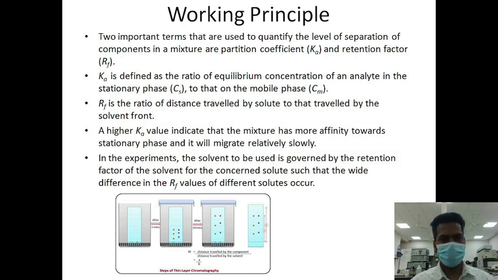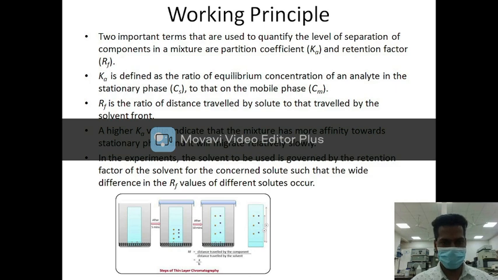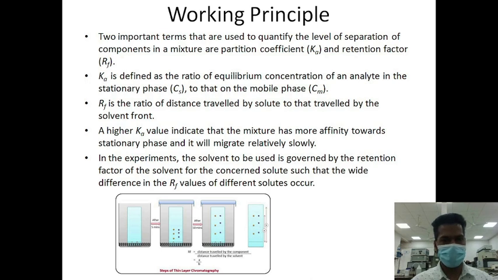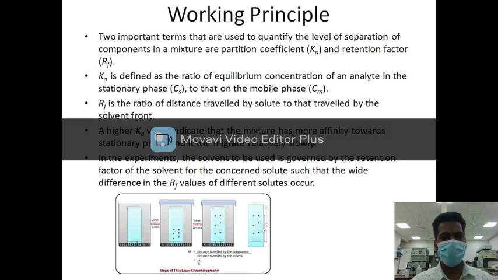The partition coefficient is defined as the ratio of equilibrium concentration of an analyte in the stationary phase to that in the mobile phase, while the retention factor is defined as the ratio of the distance travelled by the solute to that travelled by the solvent front. A higher partition coefficient indicates that the compound has more affinity towards the stationary phase and it will migrate relatively slowly.